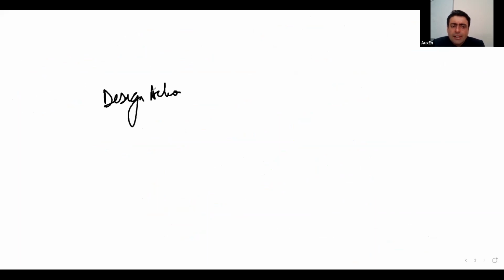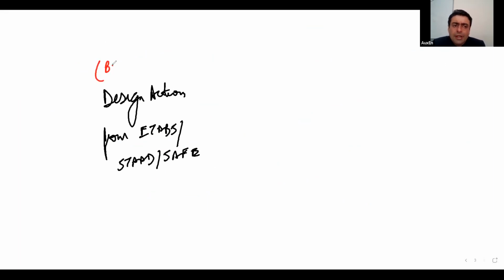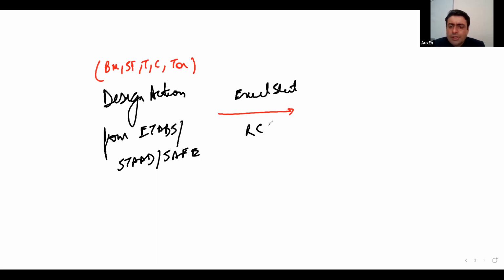We take the design actions, bending moment, shear force, tension, compression, torsion, etc. And people will use either some Excel sheets, or there is a post processor called RCDC, etc., to find out the final ASTs, isn't it?